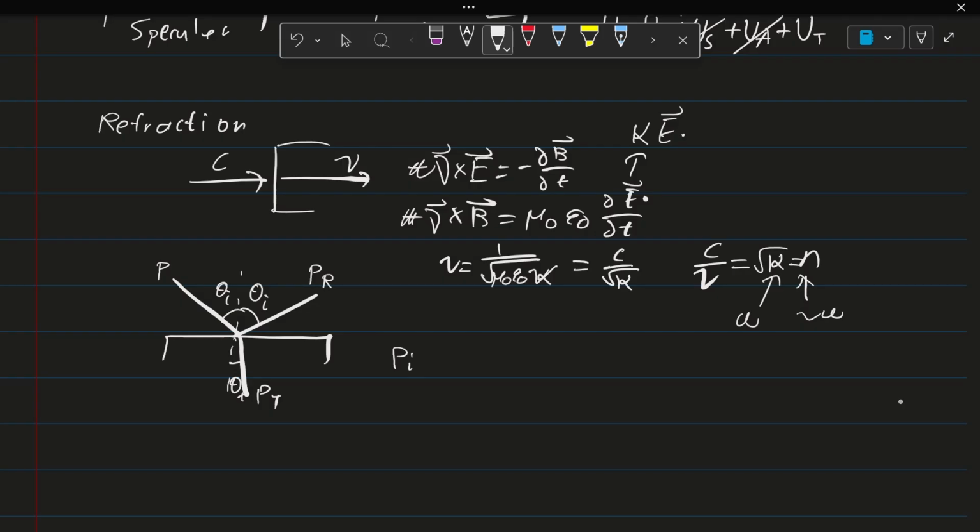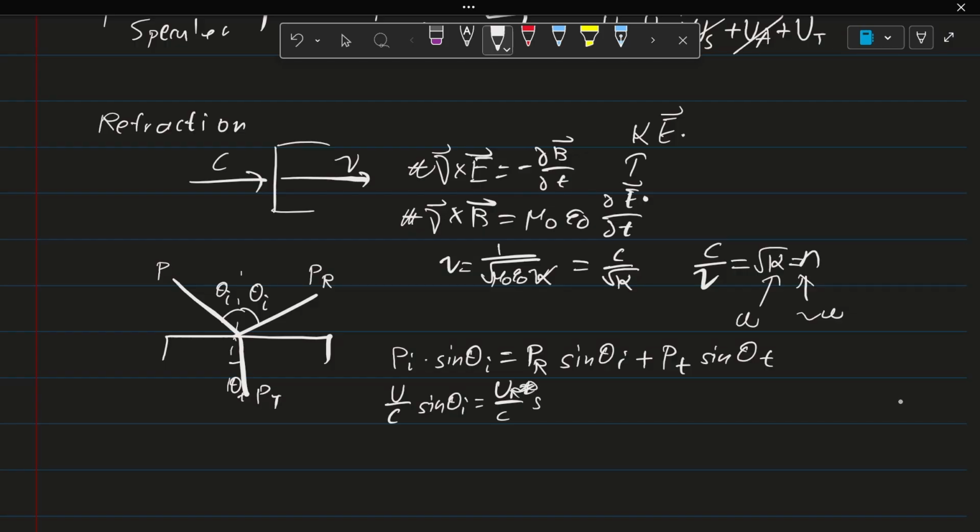So this momentum of the incident light, multiplied by sine theta I, would equal the momentum of the reflected, sine theta I, plus the momentum within the transmitted direction, sine of theta transmitted. So we could convert everything into energy. We would get u over c sine theta I equals u_r over c sine theta I plus u_t over c sine theta t.